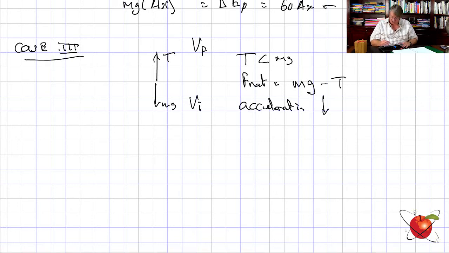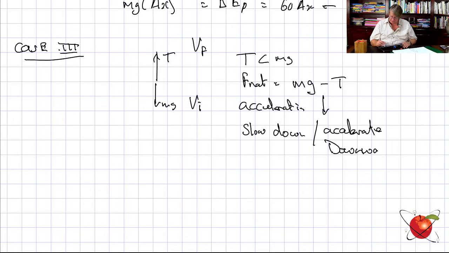I'm either going to slow down or I'm going to accelerate downwards. And what does it depend? It depends on where I started. If I'm at 0 velocity, I'm going to end up with a velocity, I'm going to be accelerating down.